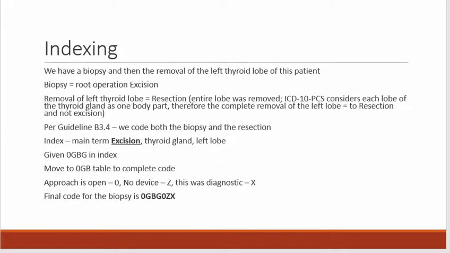No device, because there is actually no ability to reflect that. And then there is the fact that this was diagnostic. The biopsy itself, the word biopsy being used, equates to a diagnostic procedure. So we choose X as our final character value. And our final code for the biopsy is 0GBG0ZX.